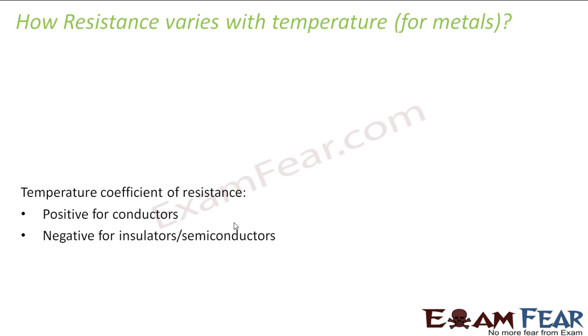Right? So now let us look at the temperature dependence of resistance mathematically. It was found experimentally long back that the resistance at any temperature T is equal to the resistance at 0 degree Celsius into 1 plus alpha T plus beta T square.